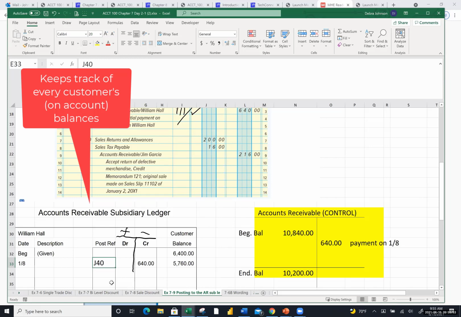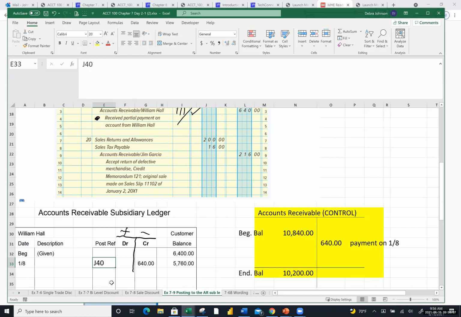So that we can answer phone calls if they have a question about their bill, and also so we can have a source document to make a statement to send them out, kind of like Visa sends you guys statements each month if you have a credit card. Now I got one more to go, but any questions right now on that posting?